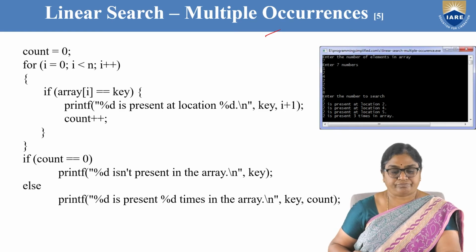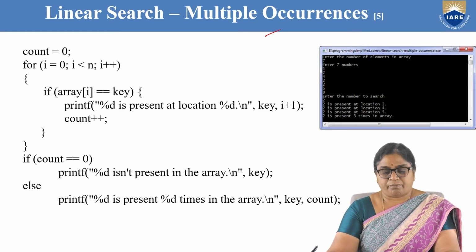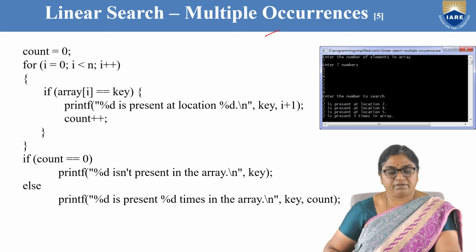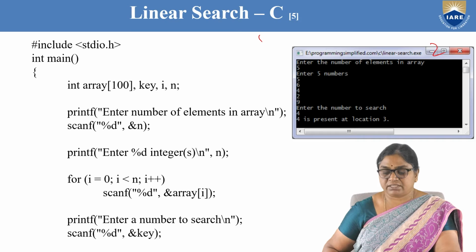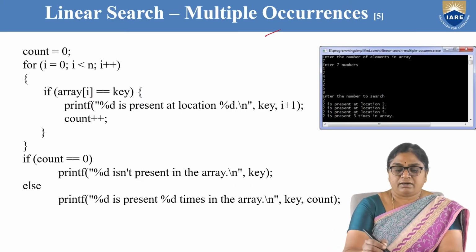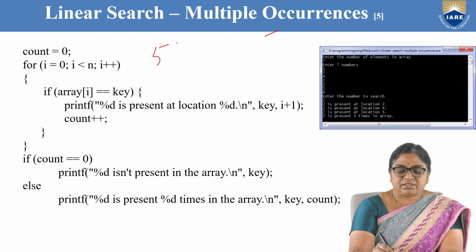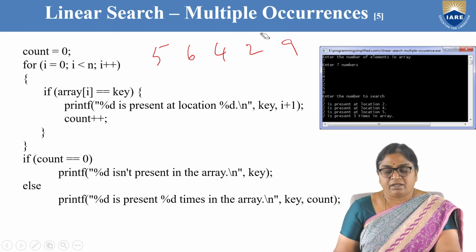Next. So as an extension of this topic, in the previous example the list of elements is 56429.